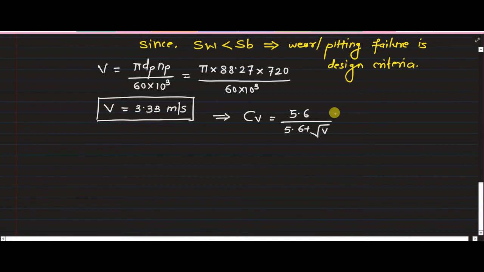So the value of CV will be available here: 5.6 divided by 5.6 plus square root of 3.33. So the value of CV will come out to be approximately 0.7543.